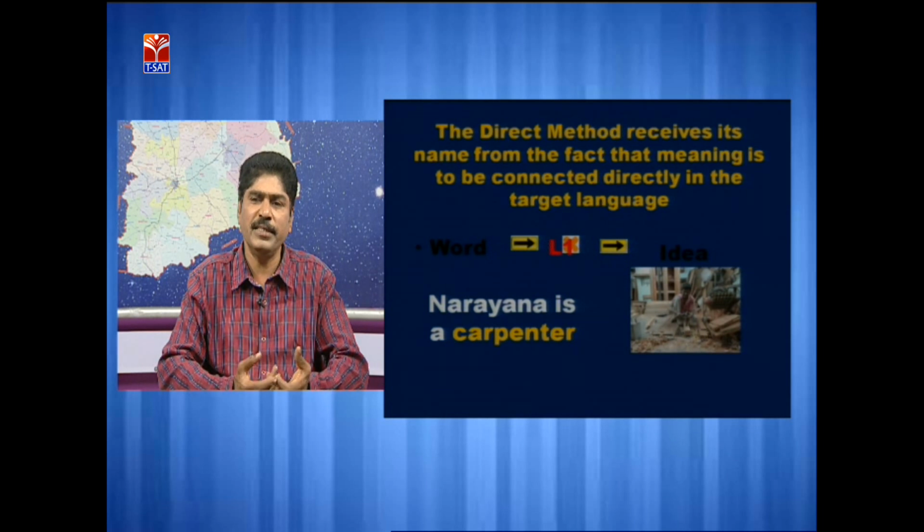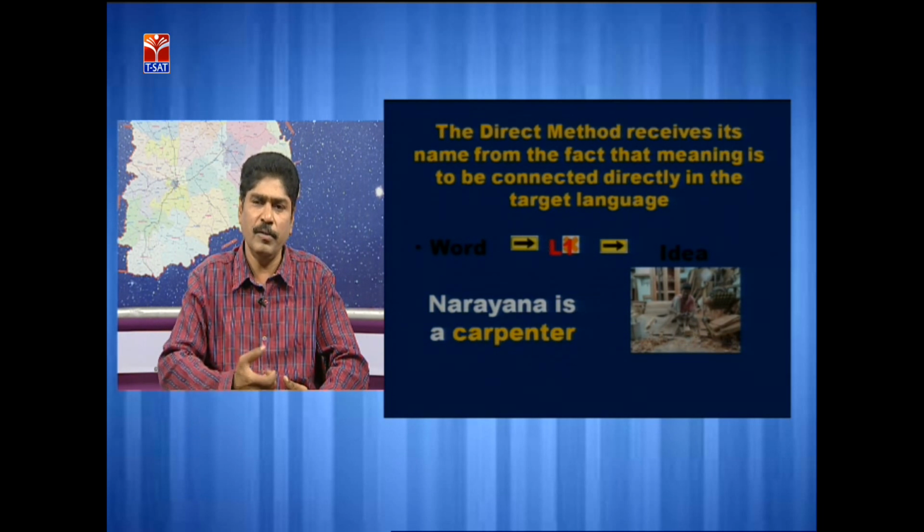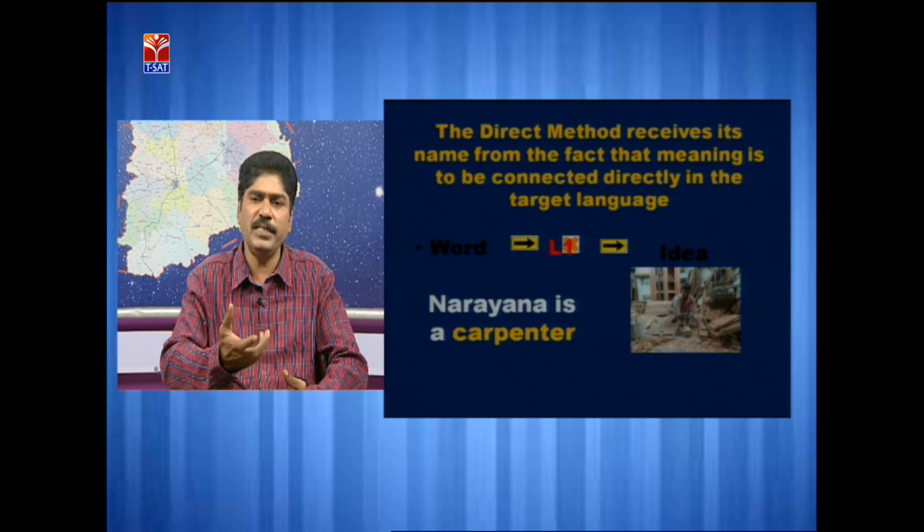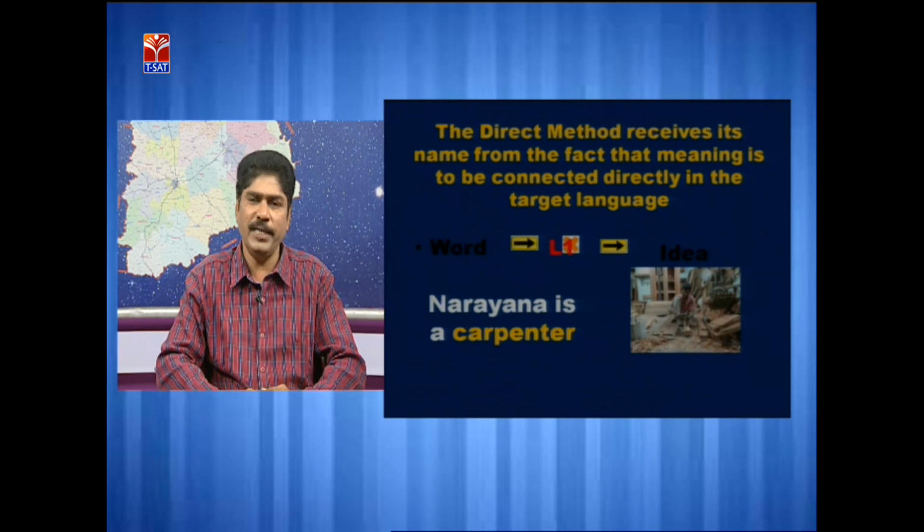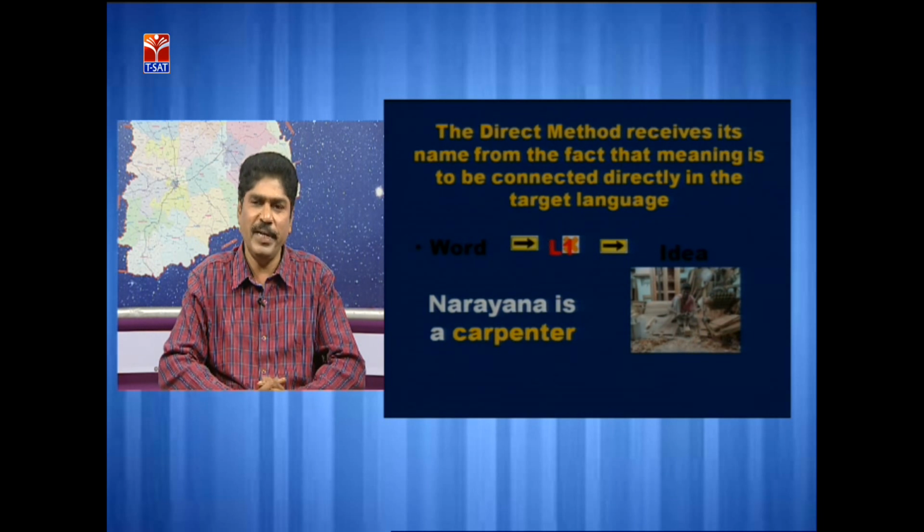You see, meet Mr. Narayana, he is a carpenter. When you are stating that, you observe him that he is doing work with wood, and he is known as a carpenter. If you present that concept to our students, automatically they understand that his profession is that he is a carpenter.